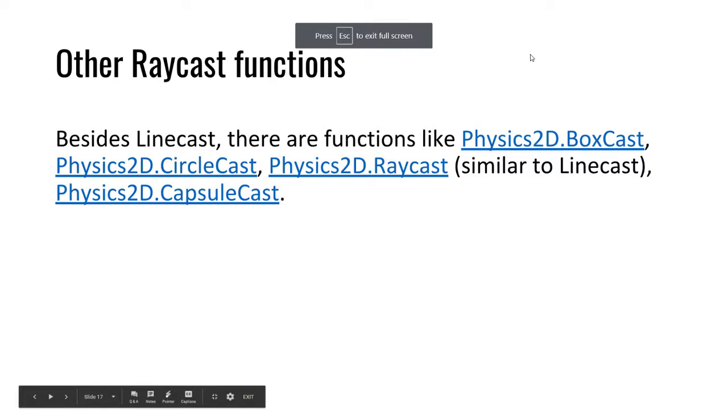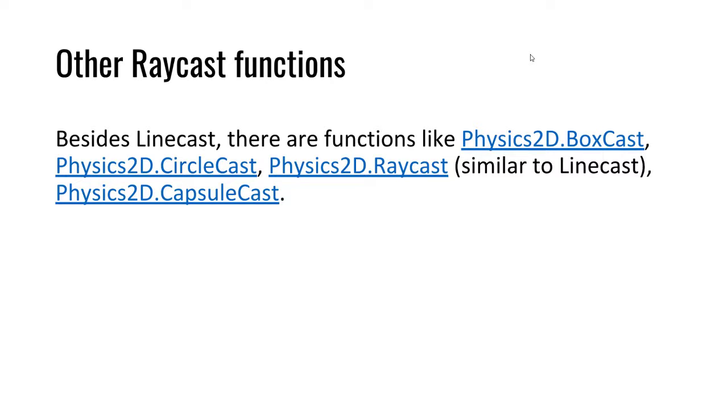Linecast isn't the only Raycast function. There are other ones like boxcast, which is going to be anything in between the edges. There's circlecast, which is intersecting with the circle. Raycast, which is like a more advanced linecast that you can play with. And then capsulecast, which is intersecting with the capsule. All those are basically like hitboxes, just like a square in space.